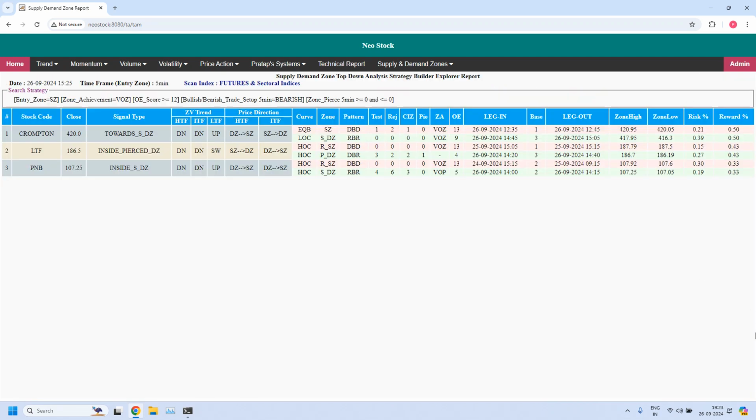Now let's verify. 3 stocks are filtered. That means all these 3 stocks are currently supporting the bearish trade setup for hourly income trade, that is entry time frame 5 minutes.